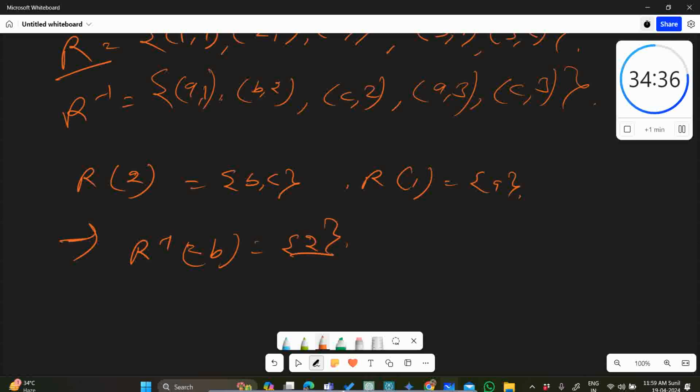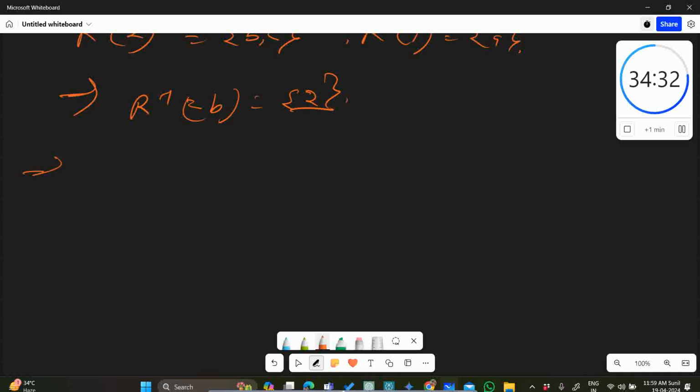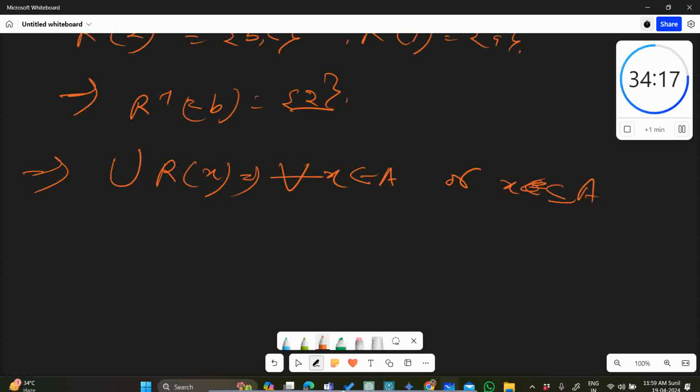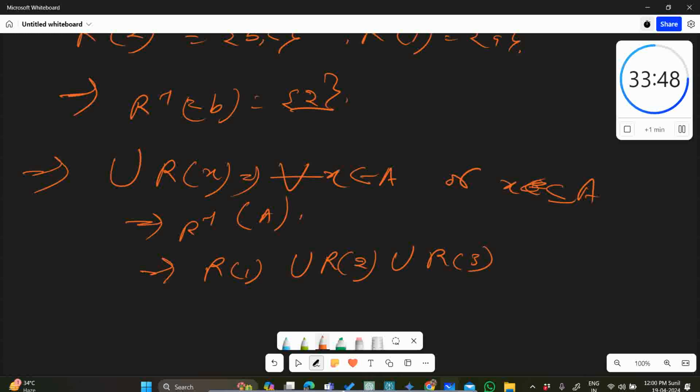Then what we are going to discuss is the union of R of x for all x belonging to A, where x is a subset of A. This implies R of 1 union R of 2 union R of 3 union R of 4.